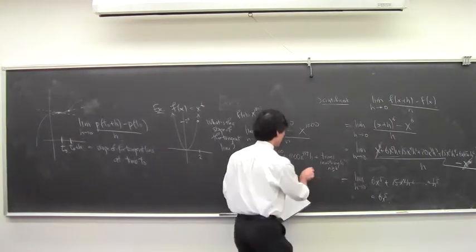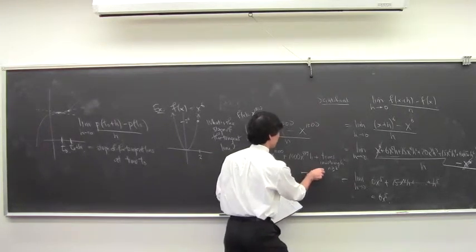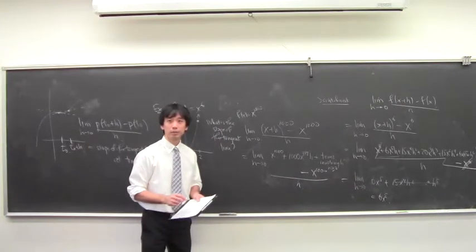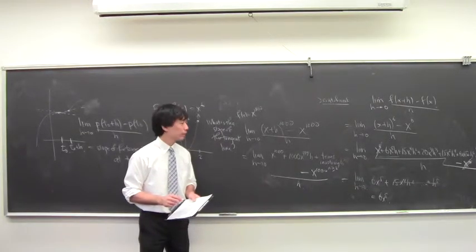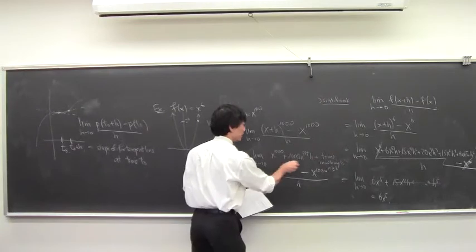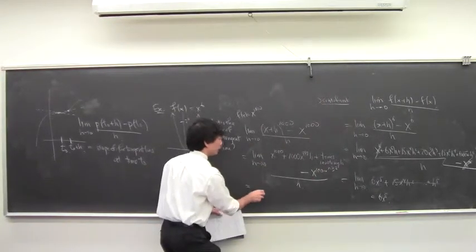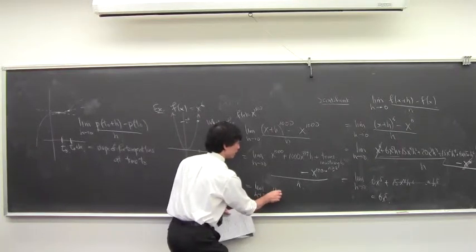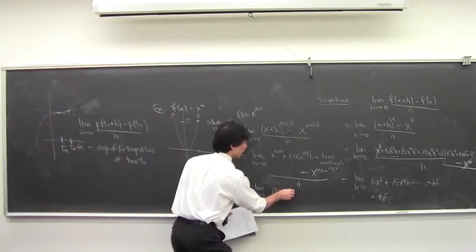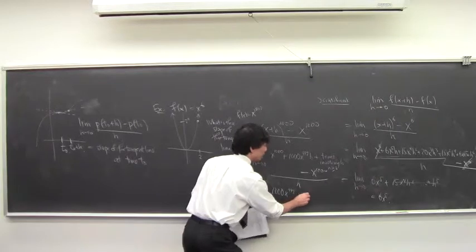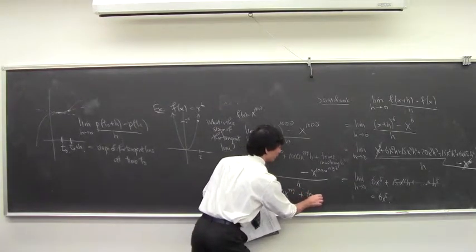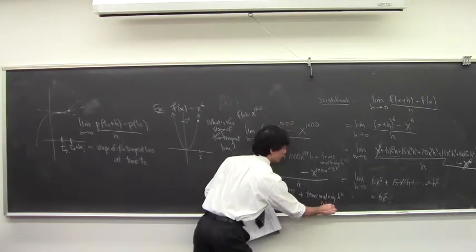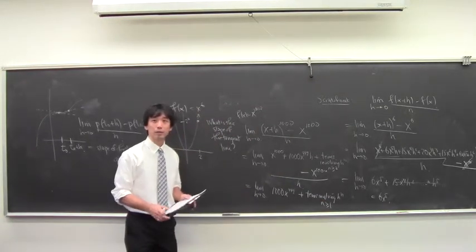And then we subtract off the x to the 1,000 and divide by h. What happens? The x to the 1,000 and x to the 1,000 cancel off, and you end up with the limit as h goes to 0 of 1,000 x to the 999 plus terms involving h to the n, where n is bigger than or equal to 1.